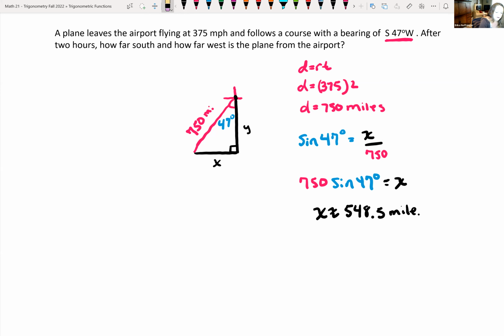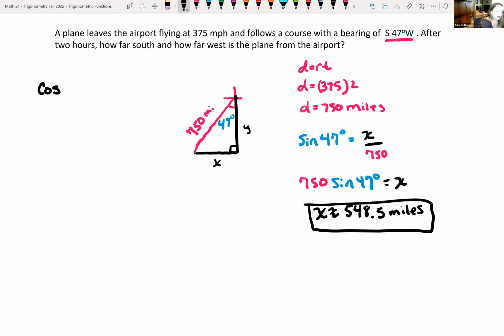Okay, so now we want to find the adjacent side. And so for our adjacent side, I would use the information we're given, not what we found. So I want to find my adjacent and I have my hypotenuse. So that tells me I'm going to want to use cosine.